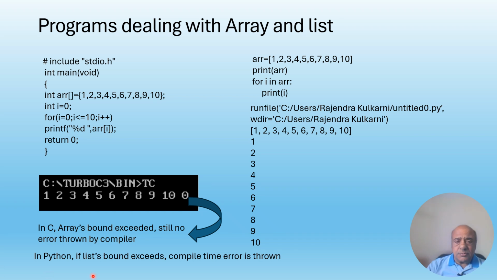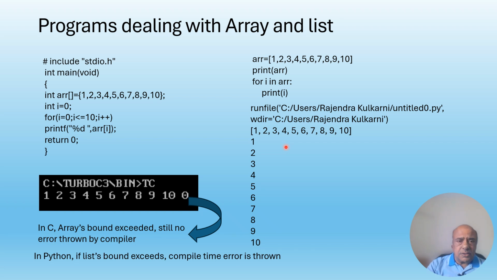In Python, if list bound exceeds, an error is thrown. So if we should have made this kind of statement in which bound of the list was going to cross, it will not even run that program.